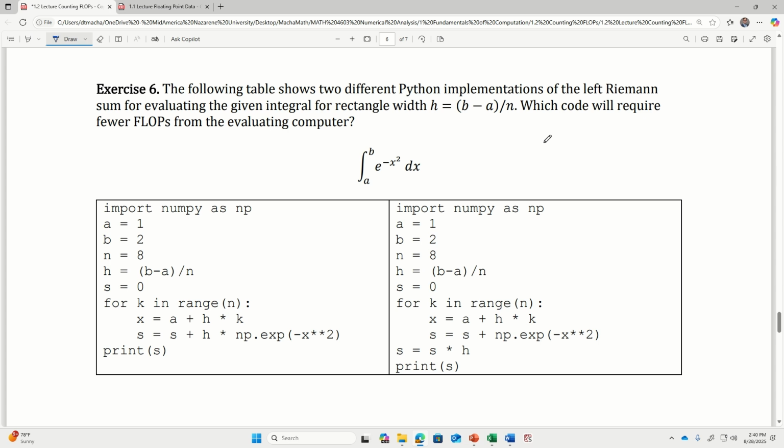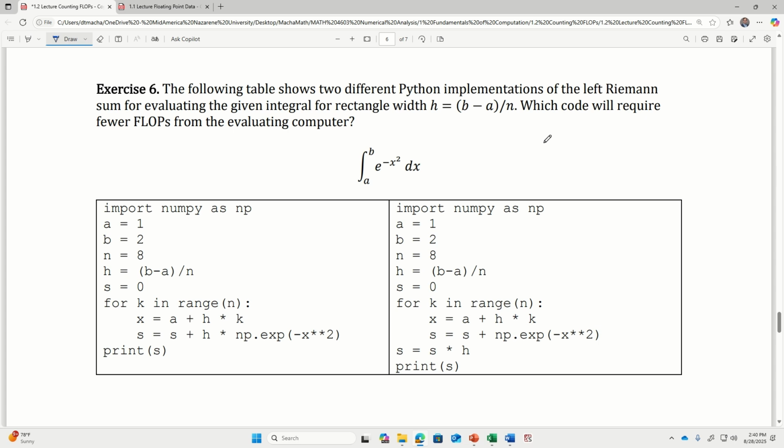Mm-hmm. Yep, Sage is exactly correct. And the one on the left, every single time we add to the sum the area of the rectangle, the width of the rectangle times the height of the rectangle, and we add that to the sum. On the one on the right, it's a little bit unconventional. But what I'm summing up is not exactly the area of the rectangle because I haven't multiplied by the width yet.